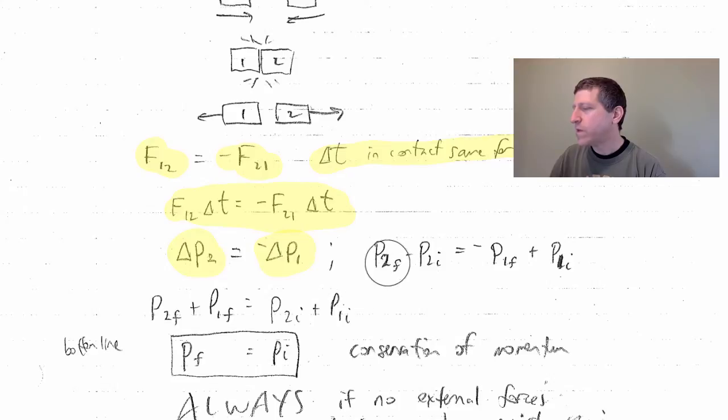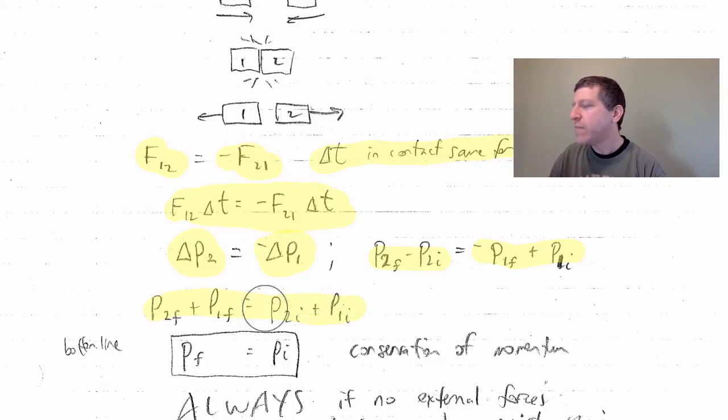Delta P2 is the momentum of 2 final minus momentum of 2 initial, and delta P1 is the negative of P1 final minus P1 initial. So I just distributed the negative sign right there. And then you could just rearrange this to get this expression right here.